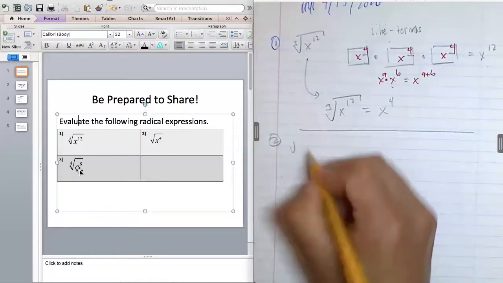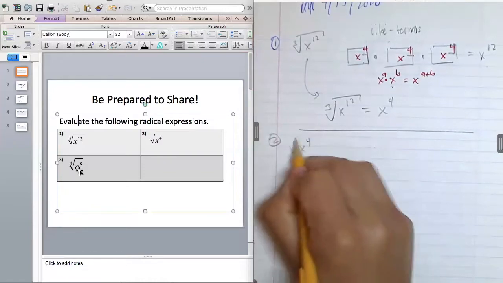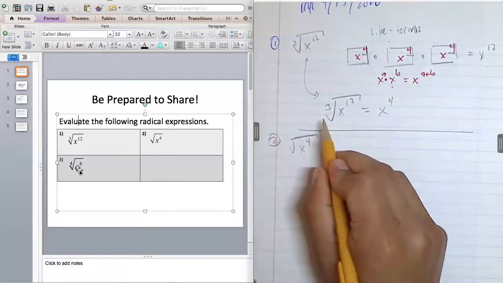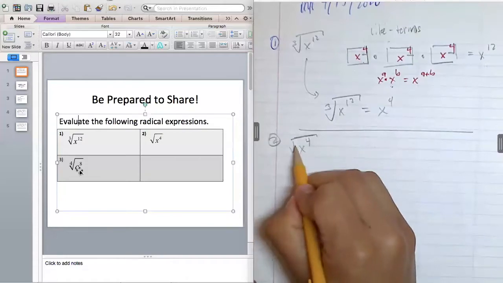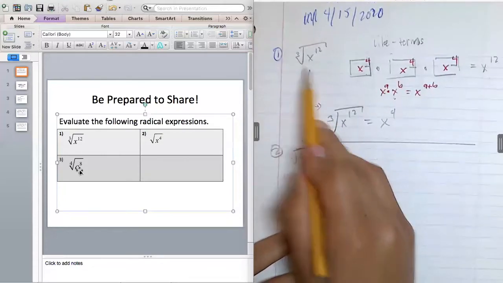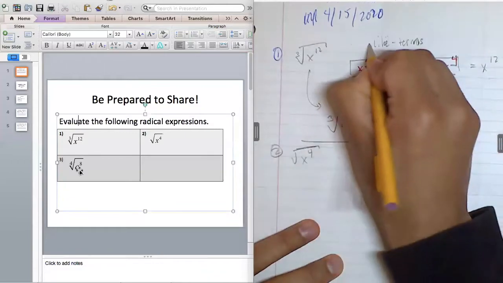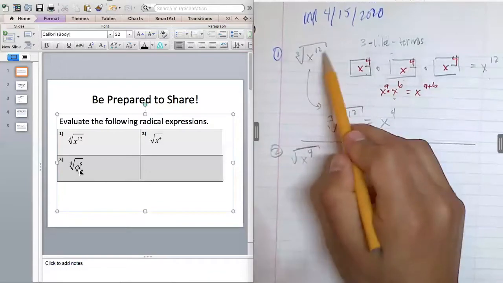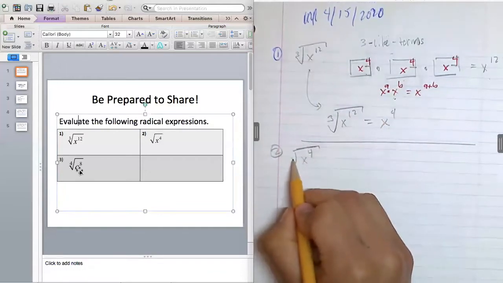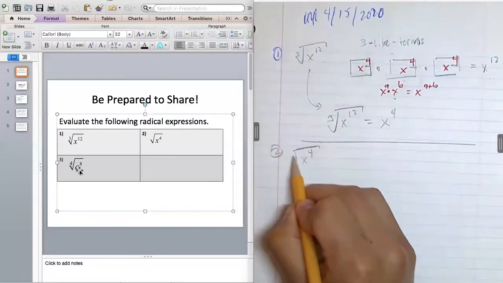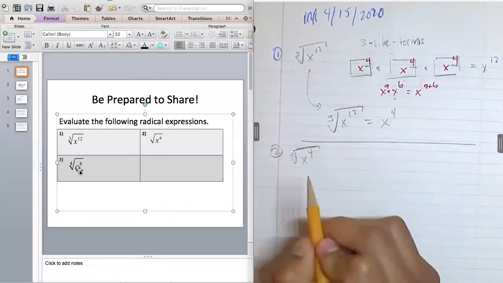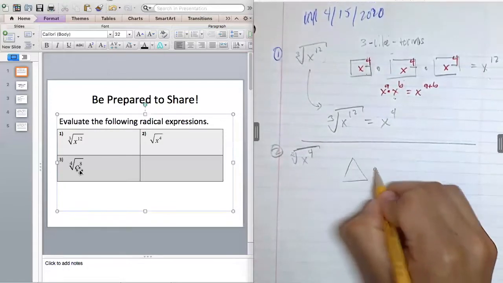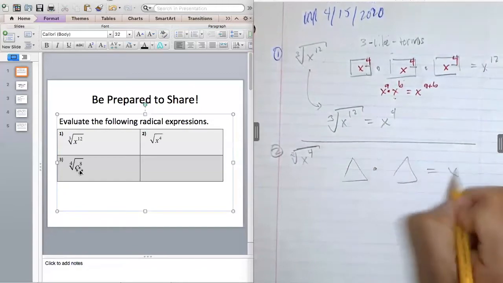Number 2, a little easier problem, I hope. This is the square root of x to the 4th. Remember yesterday we said if there's nothing there, we're assuming that it's 2. So here we're asking ourselves, 2 like terms that when multiplied give you x to the 4th.